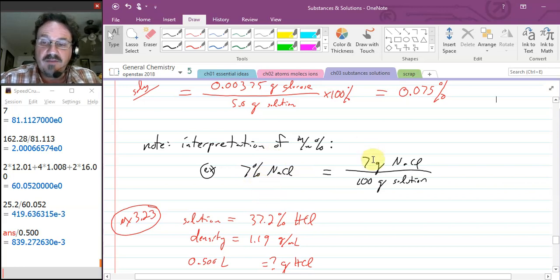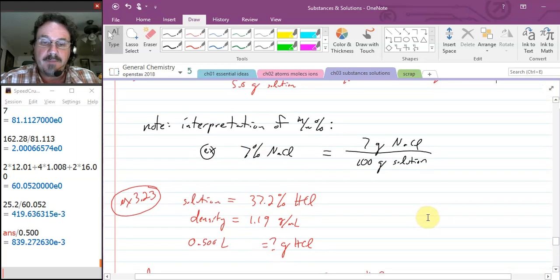That means I've got 7 grams of sodium chloride per 100 grams of the whole solution. Again, percent means per 100. So a 7% solution means 7 grams of the solute per 100 grams of the solution. That's really important, to always interpret it. If they give you the concentration, if it's molarity, interpret it as moles per liter. If it's percent mass by mass, then interpret that again as in that example here.